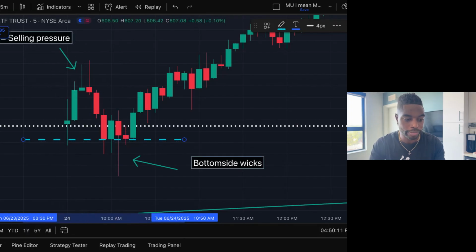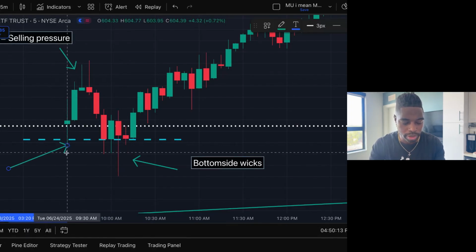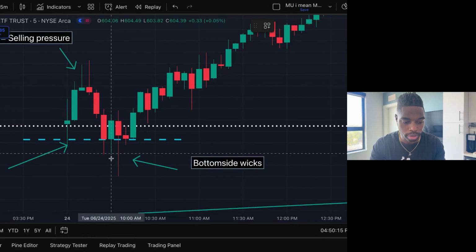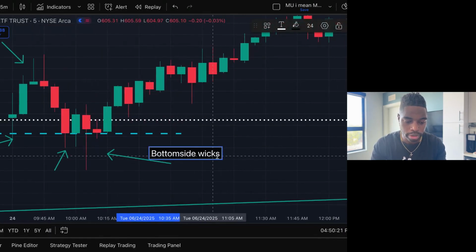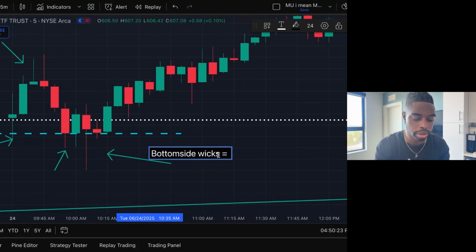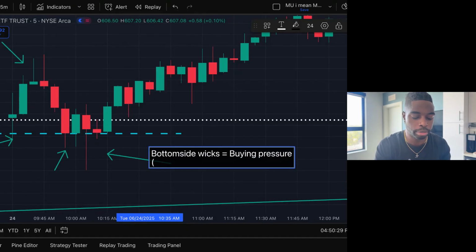And then we have one big bottom side wick there, and then two smaller ones, and then a huge wick right there. So bottom side wicks usually depict buying pressure. And this is when it's at the bottom of a downtrend.